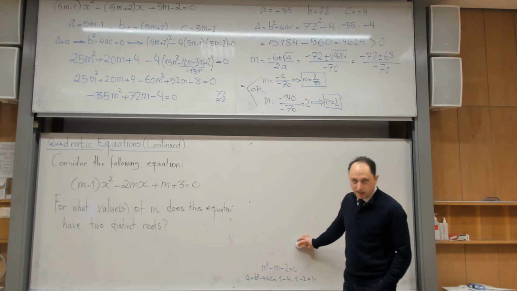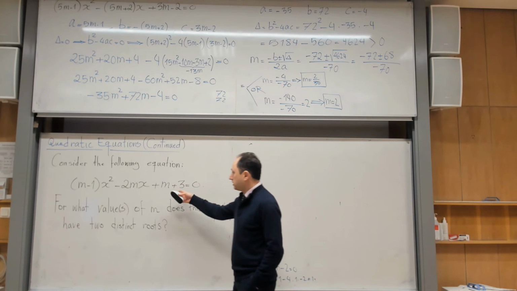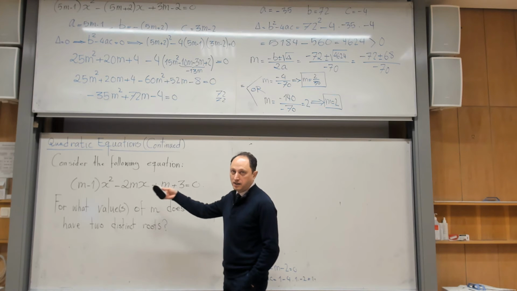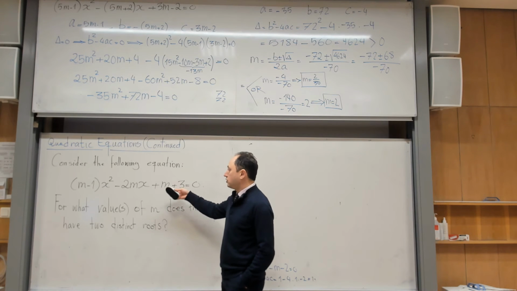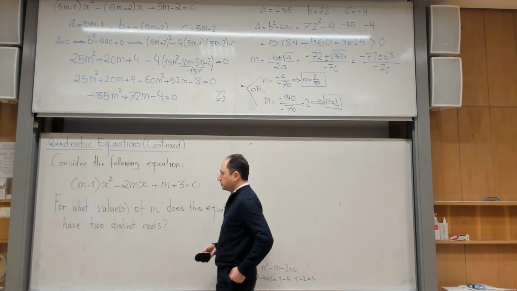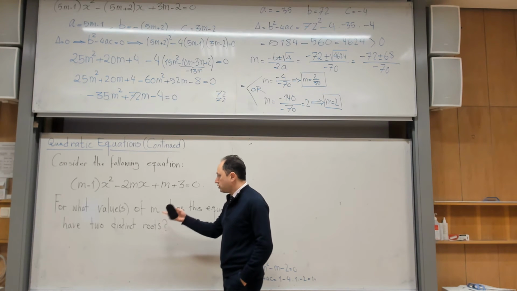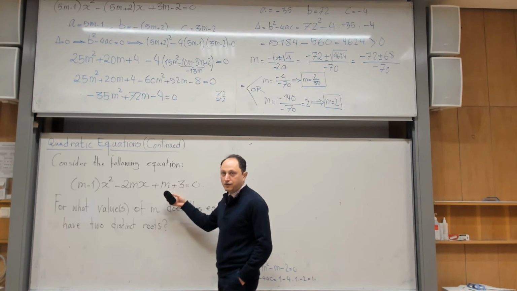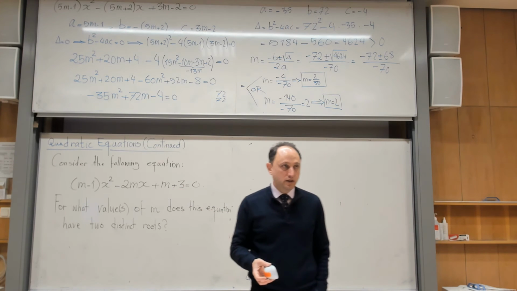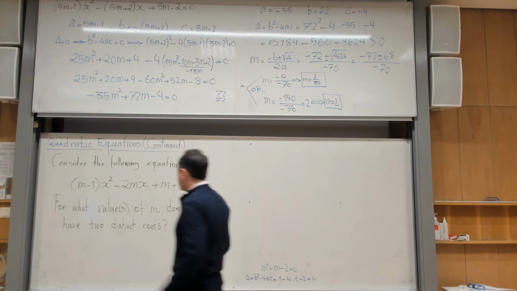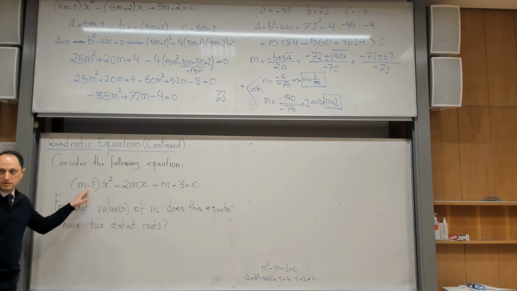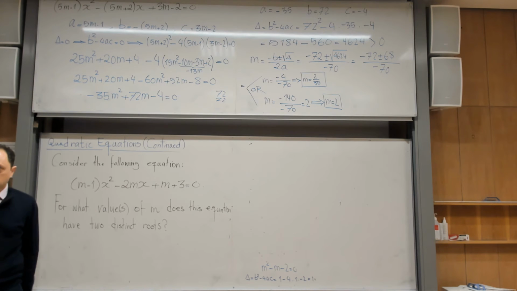Exactly. So the delta of this equation can have three possibilities. Less than 0 gives rise to no solutions. 0 gives you one double root, but you want two distinct roots. So you have to force the delta to be greater than 0, because as soon as the delta of a quadratic equation is greater than 0, it is guaranteed that you have two distinct roots.